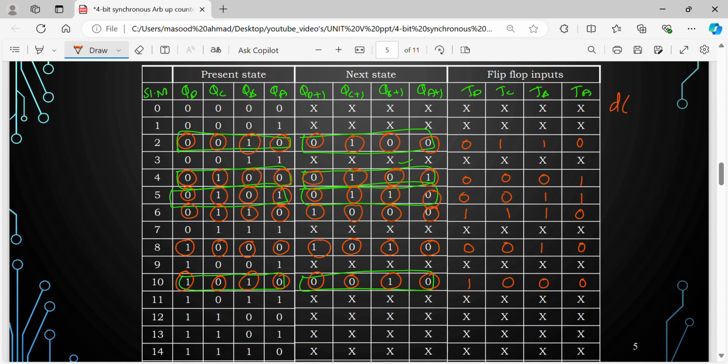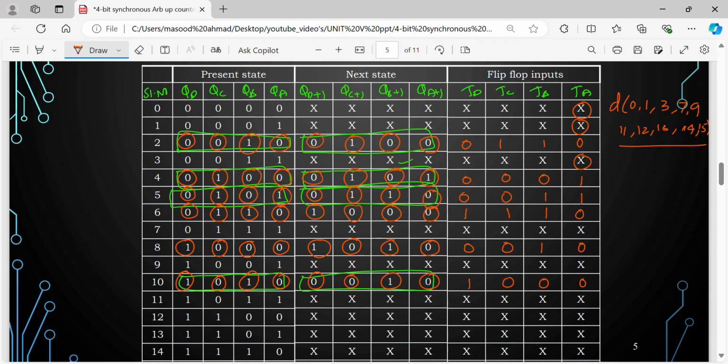So the don't care terms are 0, 1, 3, then 4, 5, 6 are not there, 7, 9, then 11, 12, 13, 14 and 15. We have only 6 states being defined and the rest of them, so there should be 10. 5 on the top, 5 on the bottom. Totally 10 don't cares.